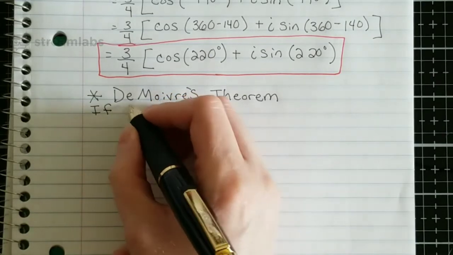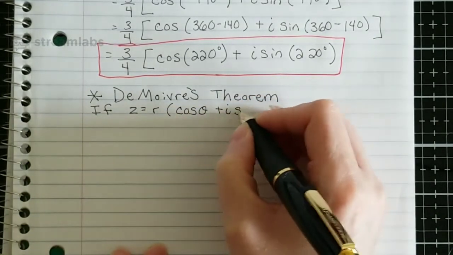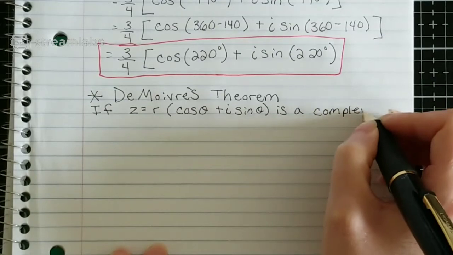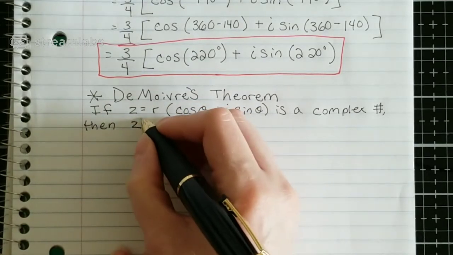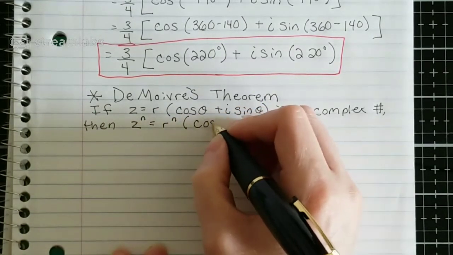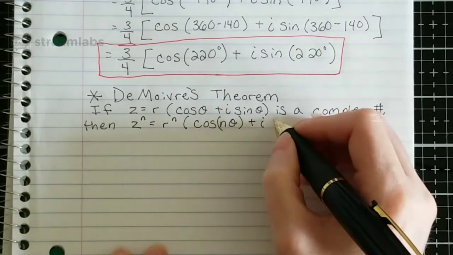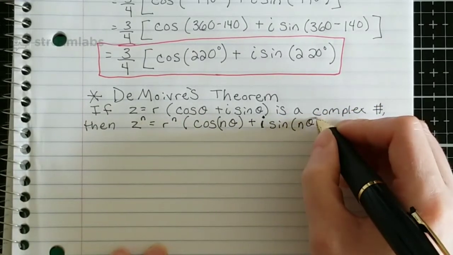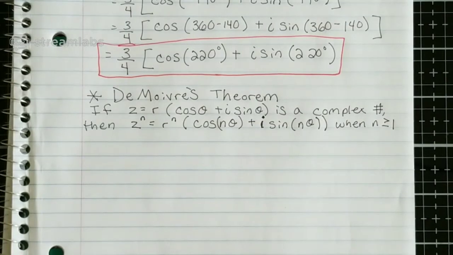So if z equals r(cos theta plus i sine theta) is a complex number, then z to the nth power is equal to r to the nth power times the cos of n theta plus i sine of n theta, where n is greater than or equal to 1. Okay, so that's a theorem.